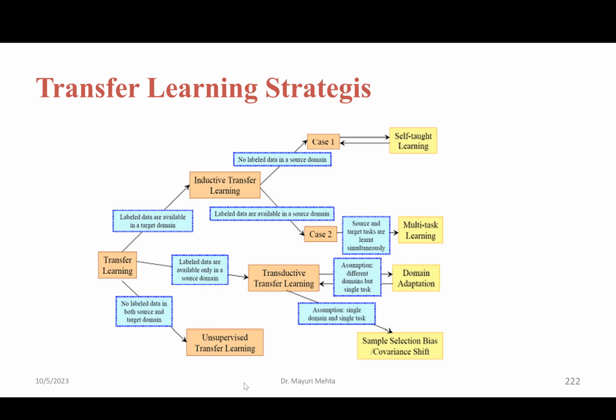Now, what is inductive transfer learning? In inductive transfer learning, the source and target domains are the same, yet the source and target tasks are different from each other. I repeat: the domain is the same, but the task is different.